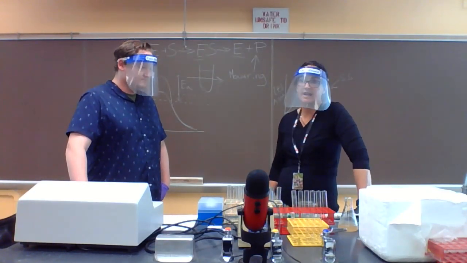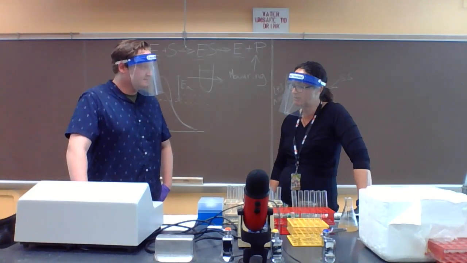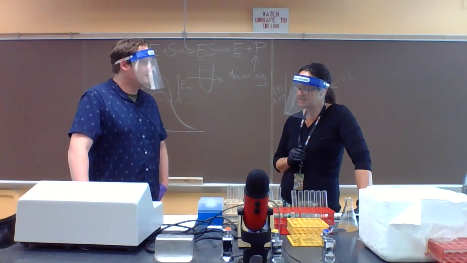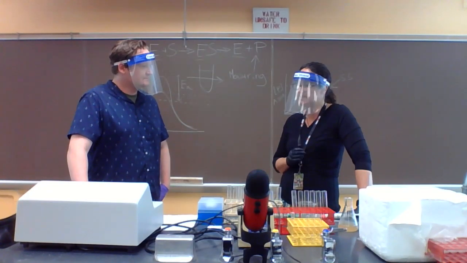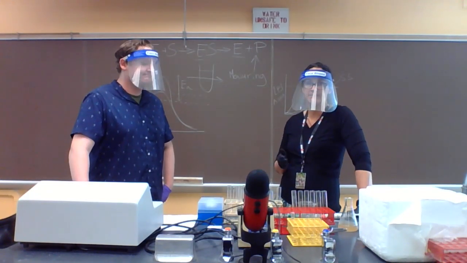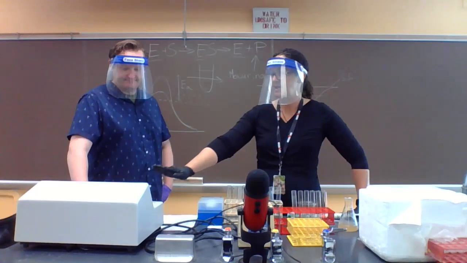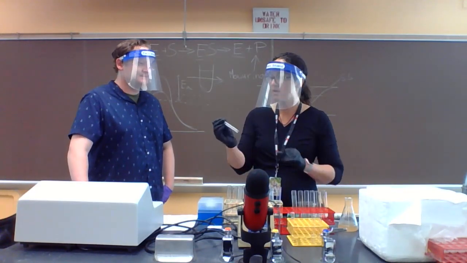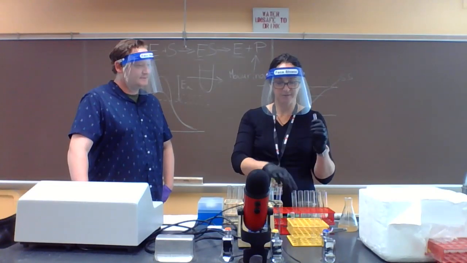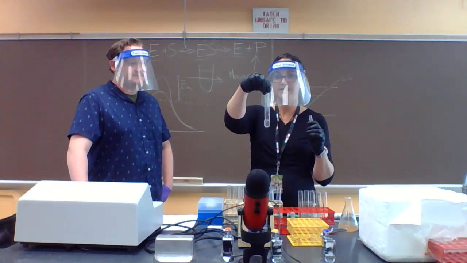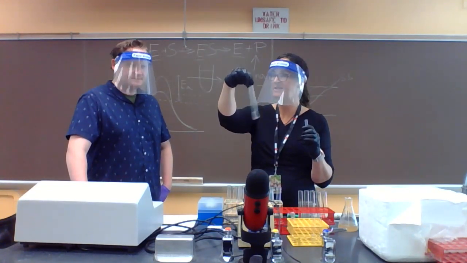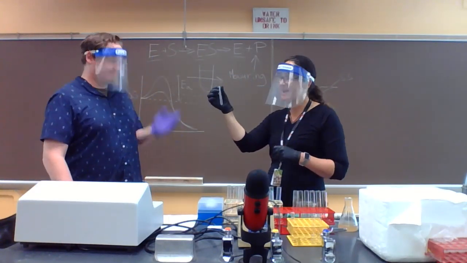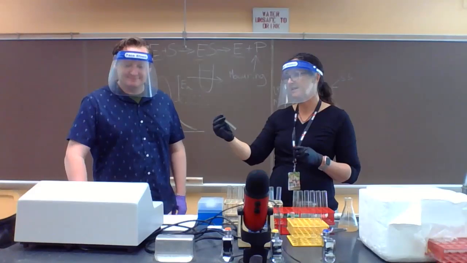Because we're looking at kinetics here, we want to make sure that we keep the timing really consistent. So the best way to do this is actually to stagger the reactions, because with the spectrophotometers you use a special little cuvette, and we have to transfer the reaction from this large tube, where we've got lots of nice aeration because this is an oxidation reaction, into the smaller cuvette so that we can measure the absorbance.